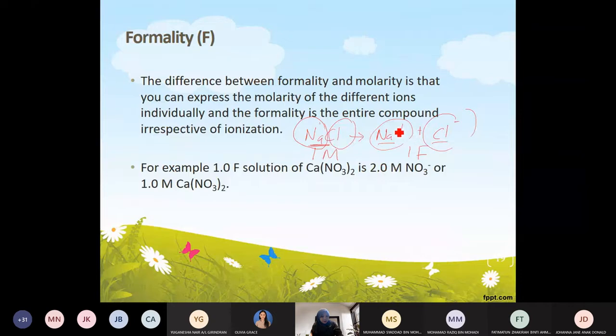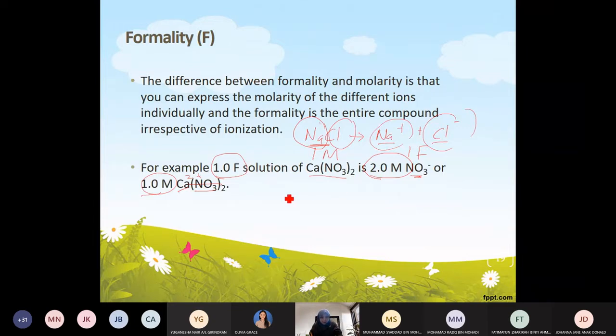But let us look at calcium nitrate here. 1 formality of calcium nitrate would be equal to 2 molarity of nitrate or 1 molarity of calcium 2 plus.